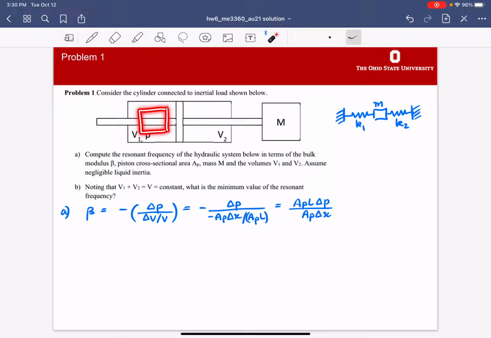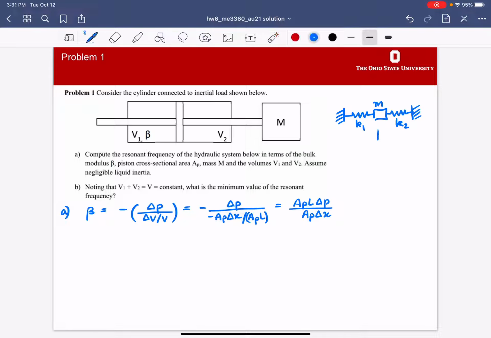This chamber will also push and pull this piston head, similar to a spring, and the same goes for the second chamber, which behaves like the second spring connected on the other side to this mass. And say that's our coordinate system.